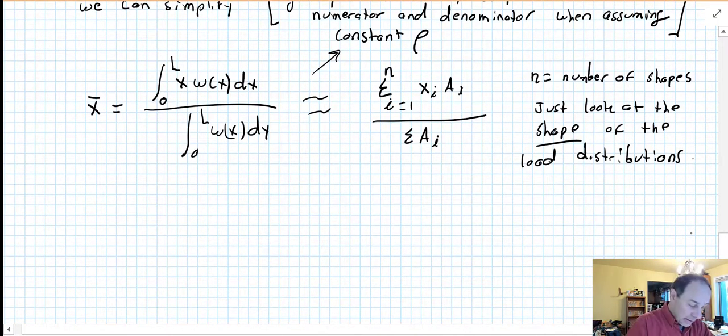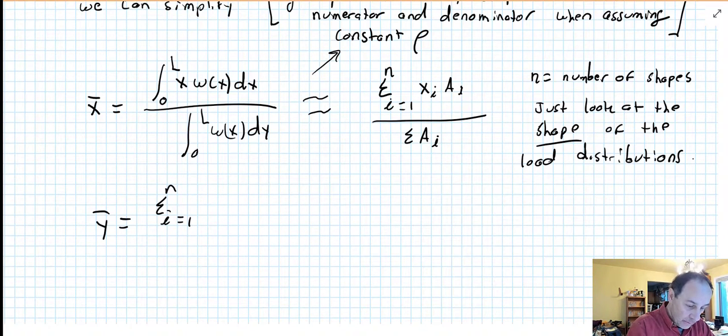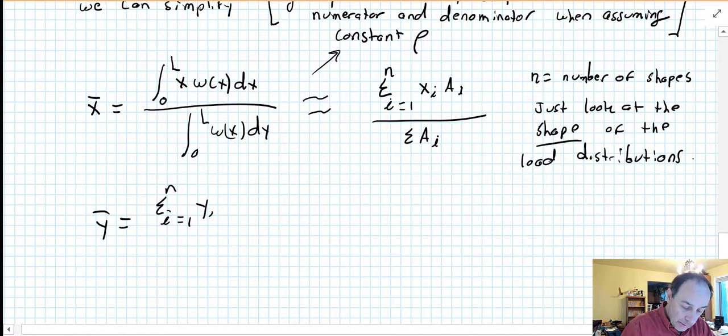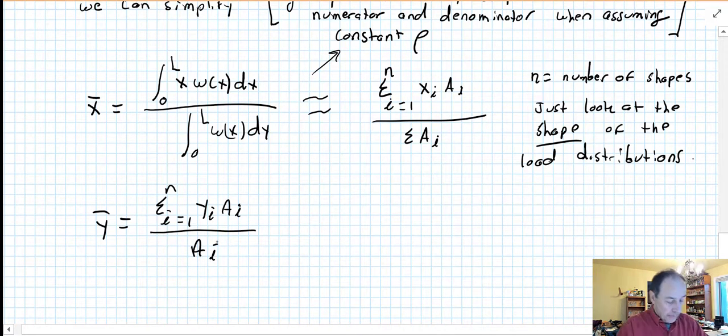So note that the analogous y location is the same thing. You're going to get a summation from i equals 1 to n of yi, the moments of each area, over each area.